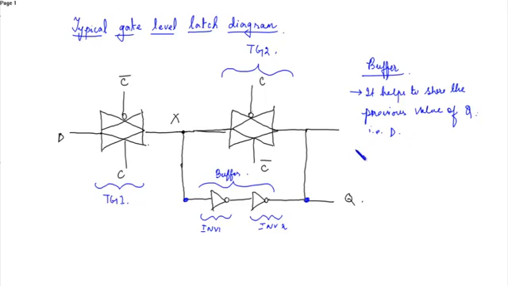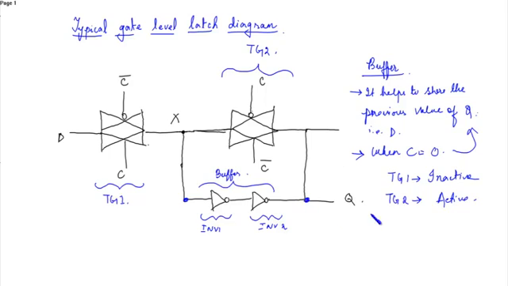So this value is needed when C is equal to 0, because then transmission gate 1 is inactive and transmission gate 2 is active. So this input D does not pass to the output.